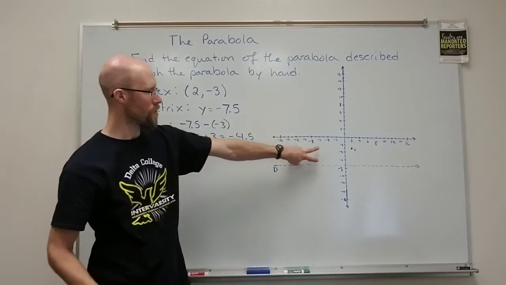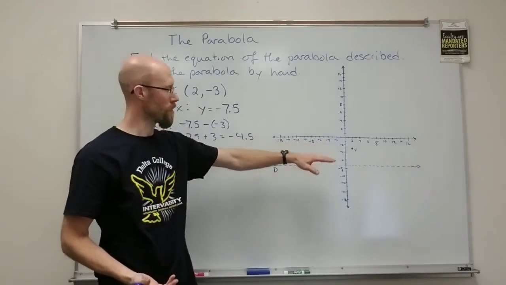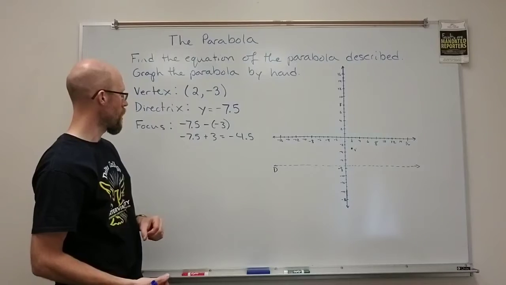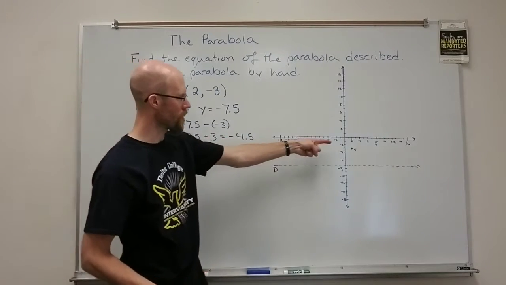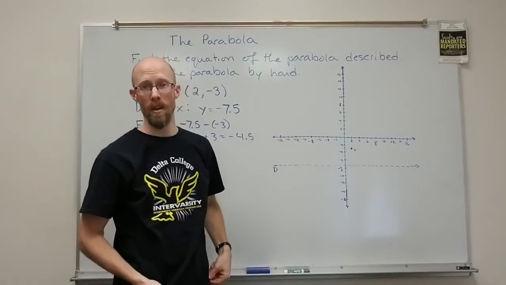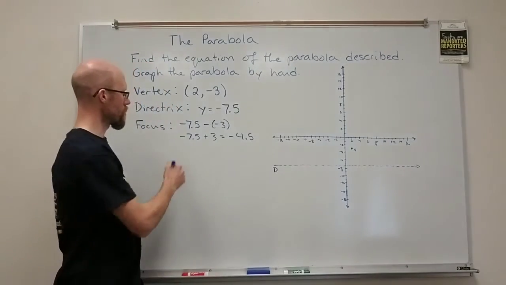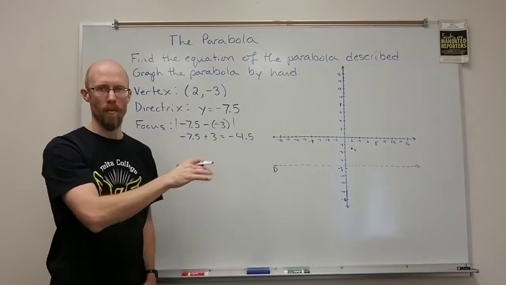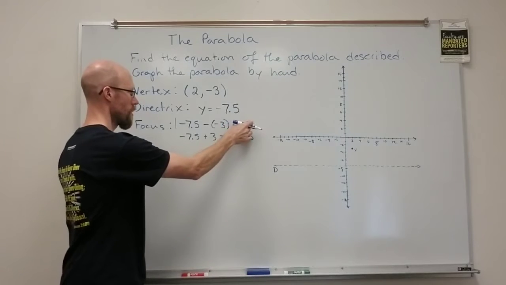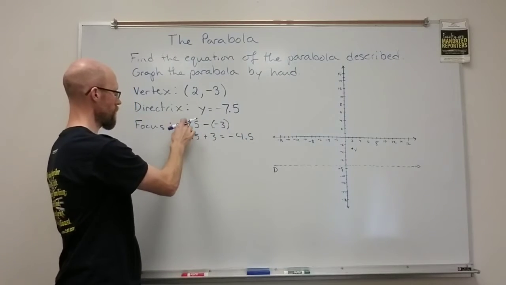So this distance is 4.5. It's 4.5 down. Distance is positive, obviously. Technically distance would have an absolute value on it. I'm not worried about that right now. I just need the general idea.